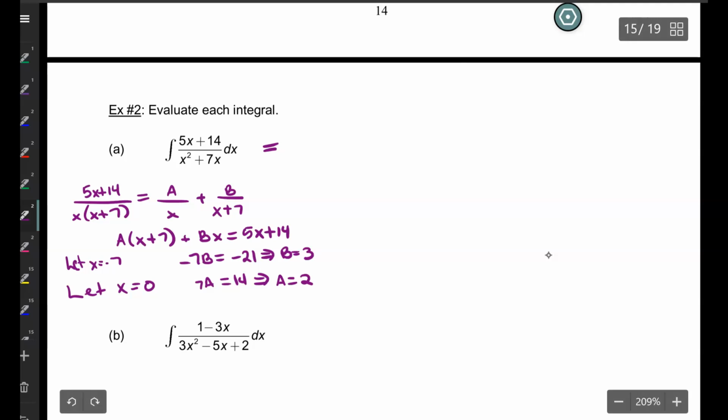So I can rewrite this integral, right? So kind of thinking, take these values and plug them in here. So we're going to rewrite that integral as 2 over x plus 3 over x plus 7.